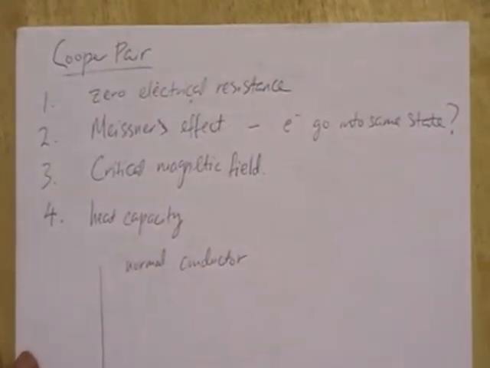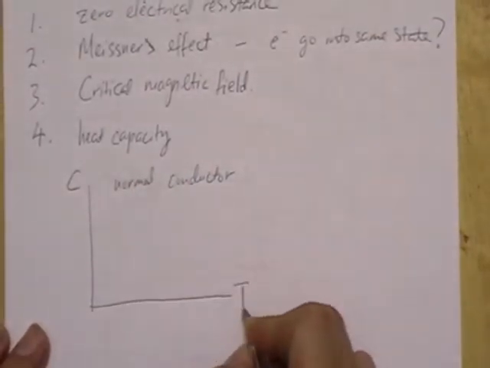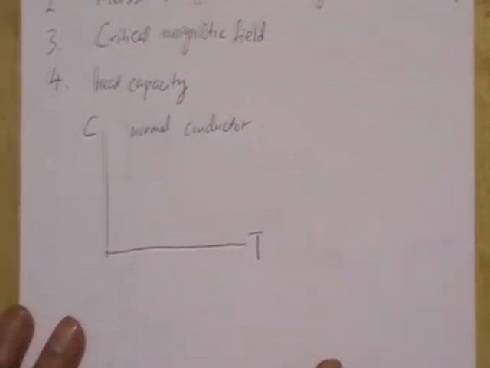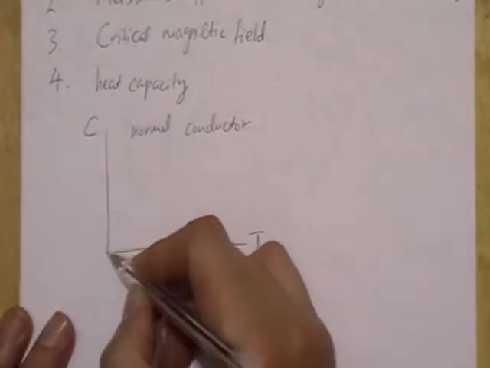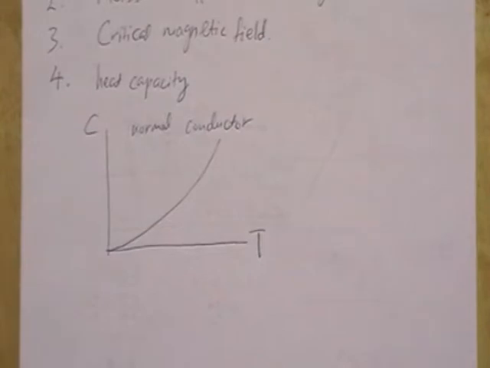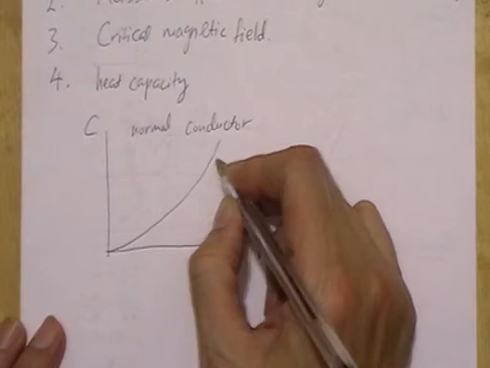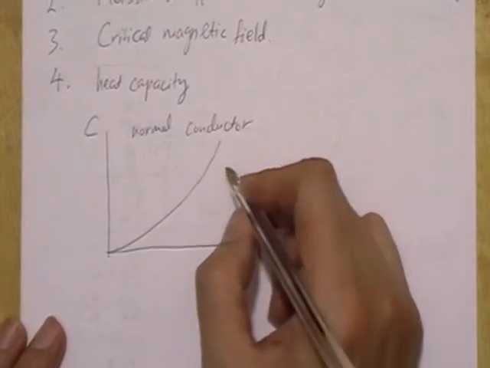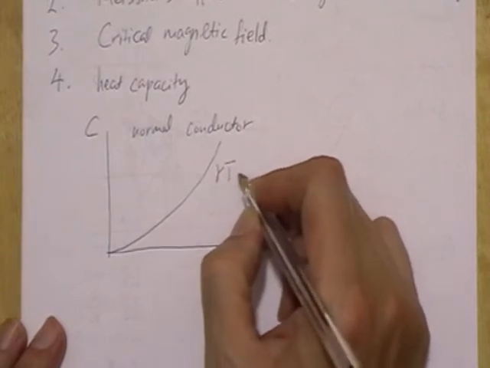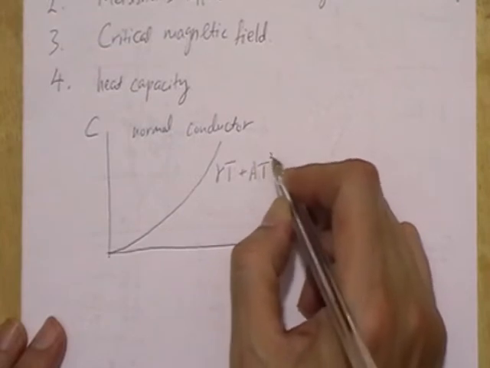if we imagine plotting the heat capacity against temperature for a normal conductor, we know what it looks like. It would be a curve that is described by the expression a constant times the temperature plus another constant times the temperature cubed.